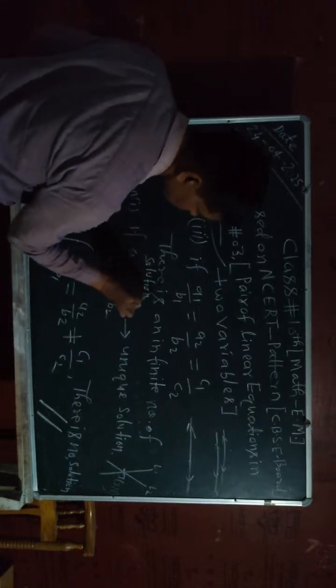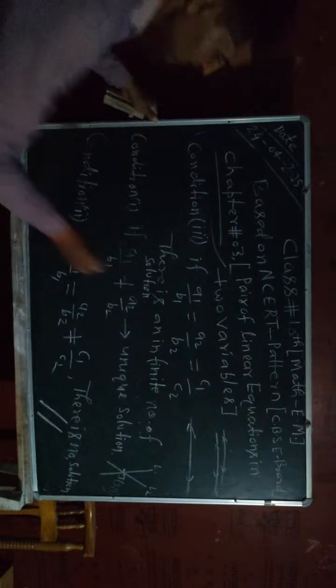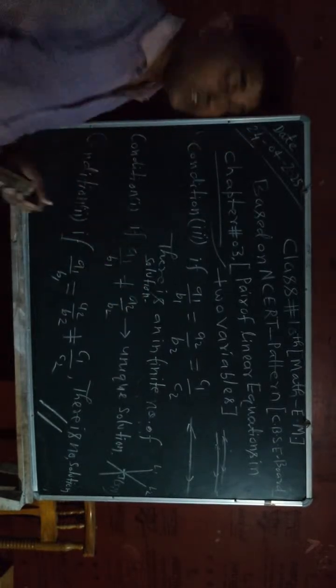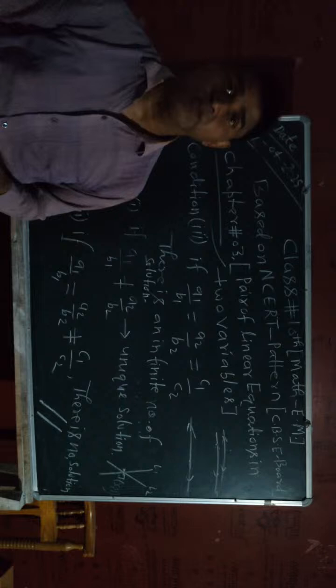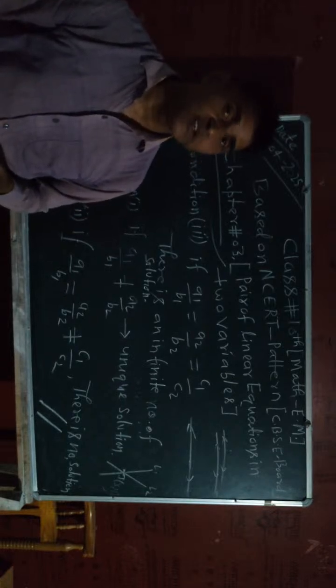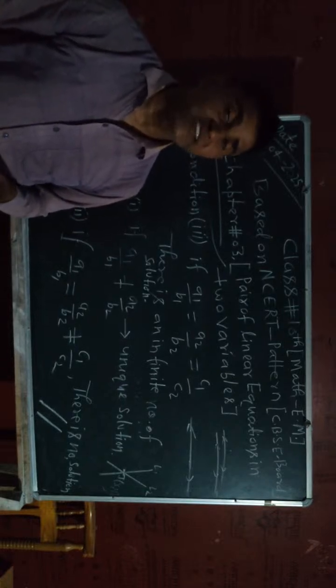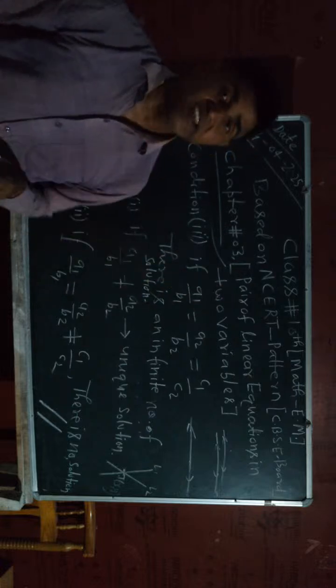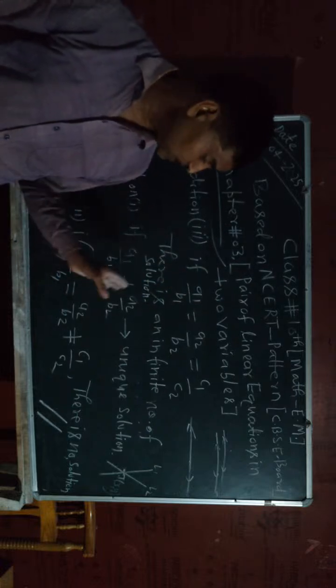Okay student, so these three conditions you have to remember positively, because if you know these three conditions, any question related to a pair of linear equations in two variables you can easily solve.